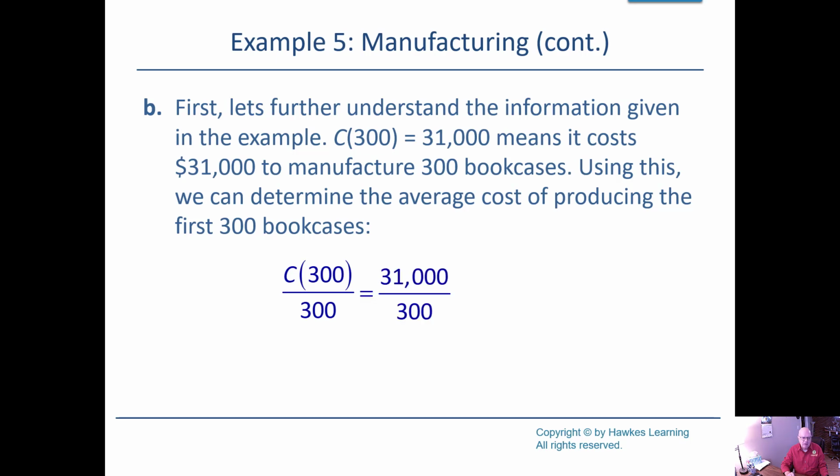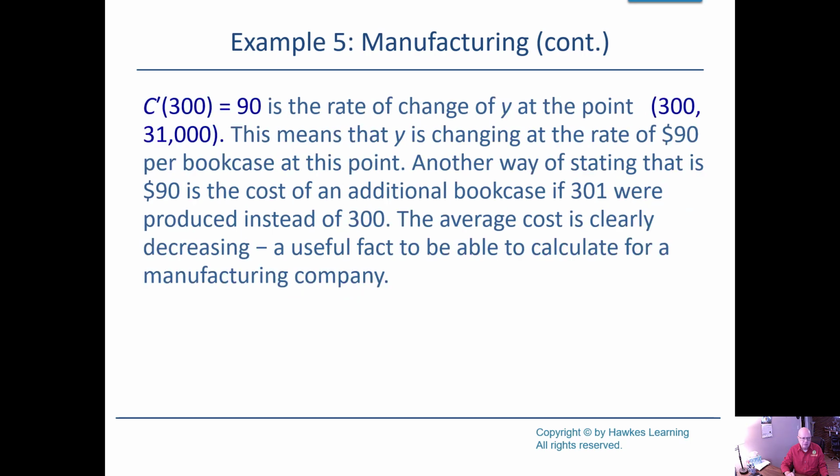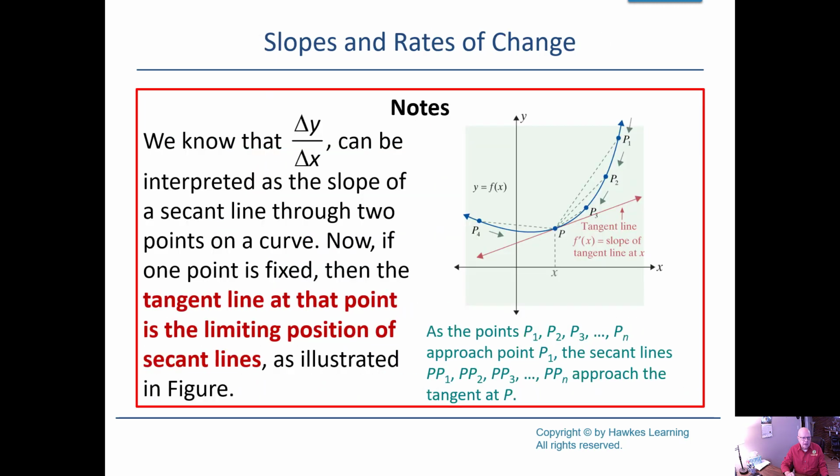Let's go to the average cost, which is 103 x. Okay. So this is what the slope looks like. So we're interested in what's going on at this x value. Sometimes this will represent a time.